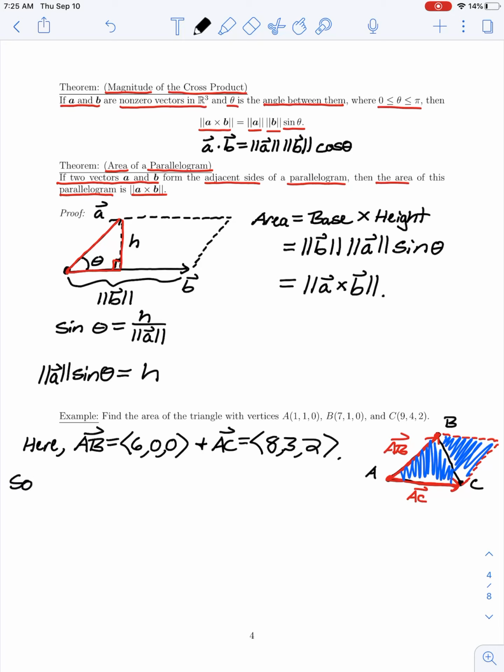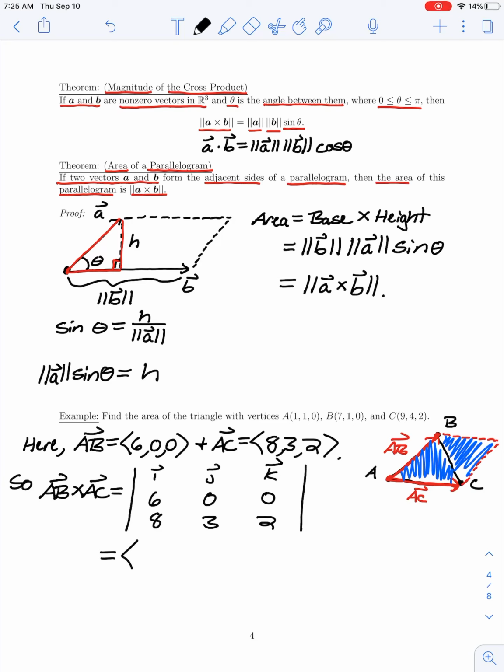So if we consider the cross product of AB and AC, we would be looking at the determinant of this 3 by 3 matrix, whose first row is the standard basis vectors i, j, k. Our second row would be the components of our first vector, 6, 0, 0. And our third row would be the components of the second vector, 8, 3, 2.